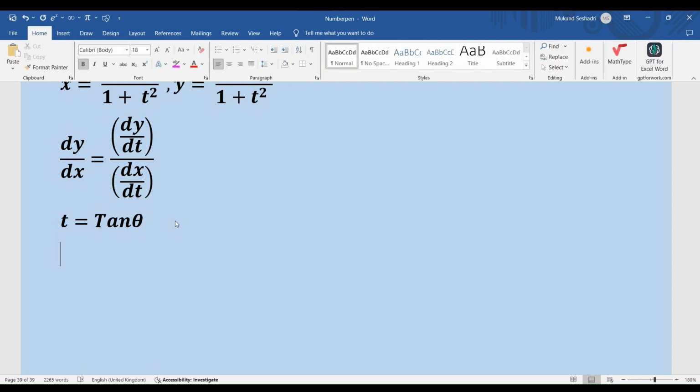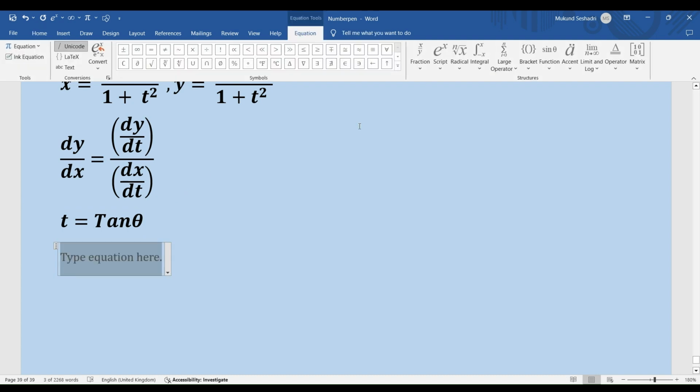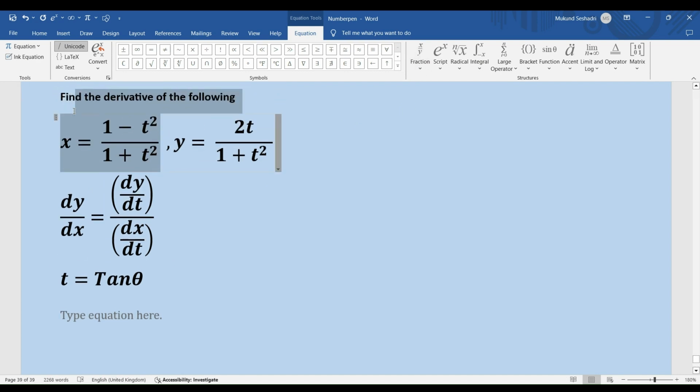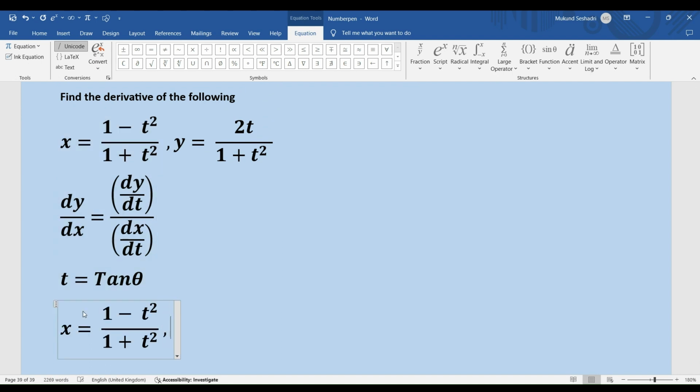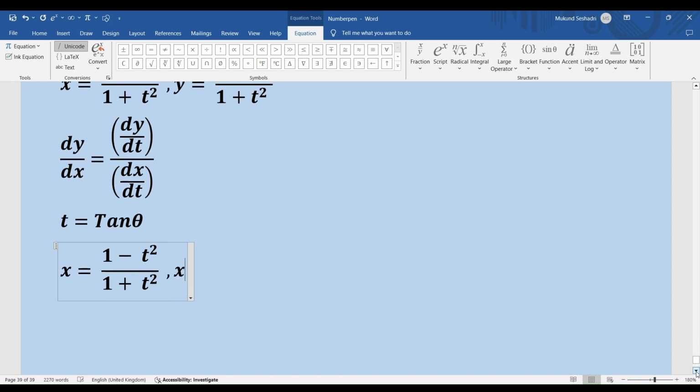So my x becomes 1 minus tan square divided by 1 plus tan square, right? So let me write down my x first. And this is a formula which we folks are quite familiar with, right? When my x equals 1 minus t square divided by 1 plus t square, then my x equals 1 minus tan square theta divided by 1 plus tan square theta.